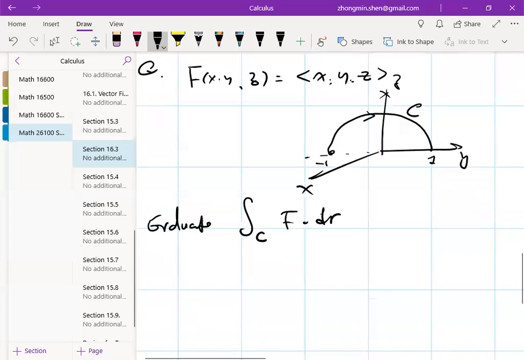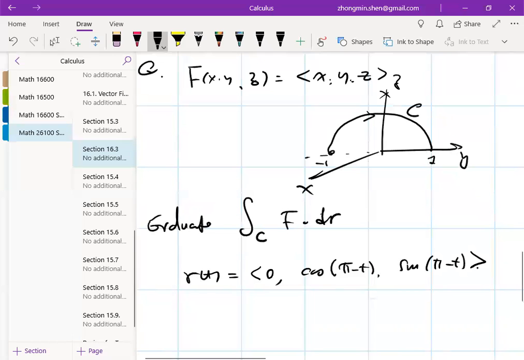You can parameterize it over t, right? Then x is going to be always 0. Y, usually it's cosine of pi minus t, I think, starting from here. When t equals 0, it's pi. When t equals pi, it is going to be 0. Sine of pi minus t, okay, because it's counterclockwise.